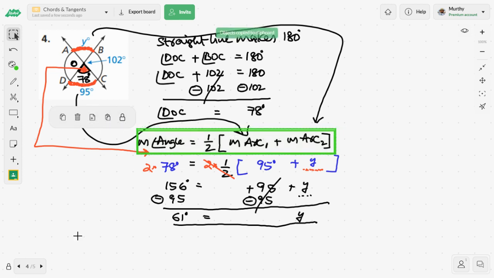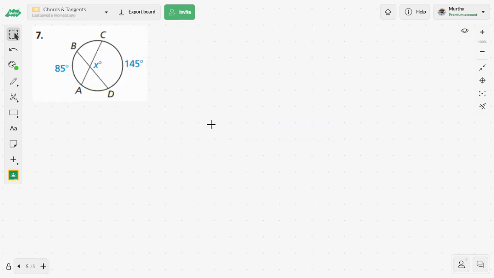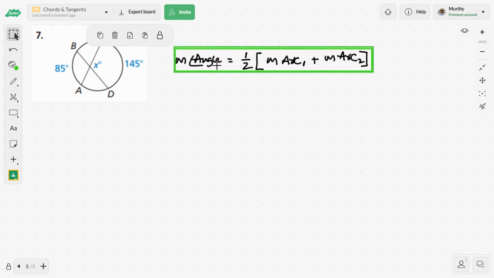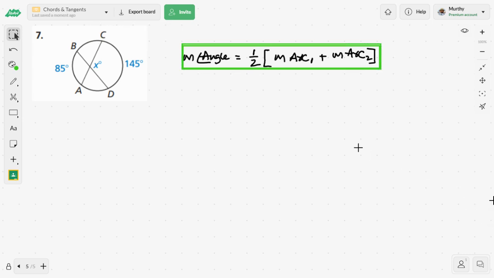So let me copy this one so that we need not waste much time. So copy. The next question is a straight question. As I told you before, you have to understand which part goes where. Here, this is the angle given, oops, I'm sorry, let me reduce the thickness, my bad.